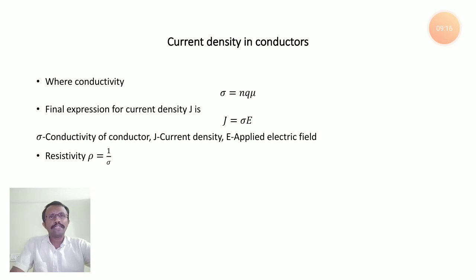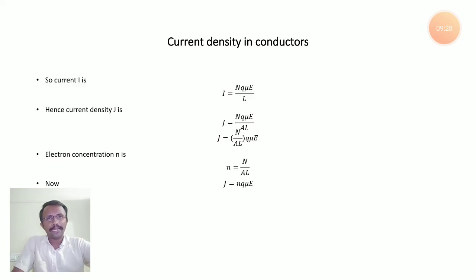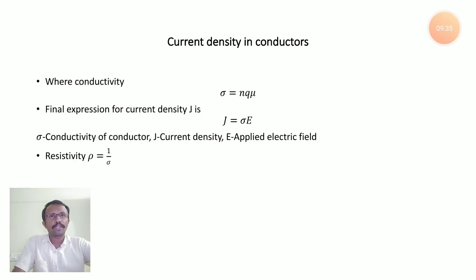Once you know these three things, you can easily calculate the conductivity of the material. Now by using this conductivity expression, the current density J becomes sigma times E. Why? Because we know already J is equal to nQ mu into E. In place of nQ mu, when you put sigma, the current density J becomes sigma times E.